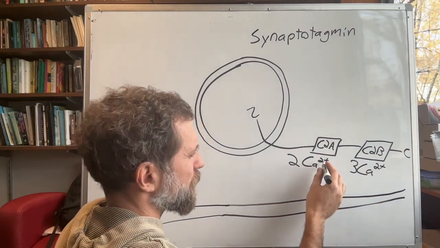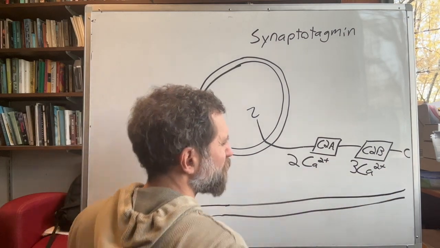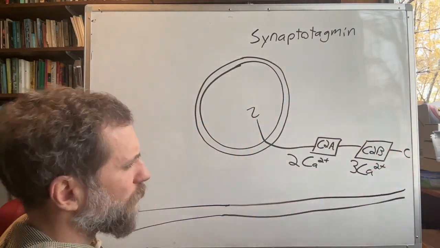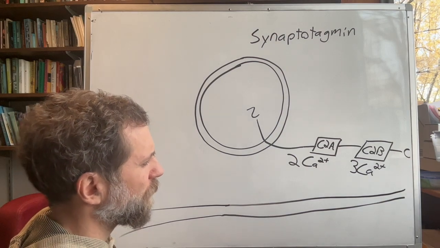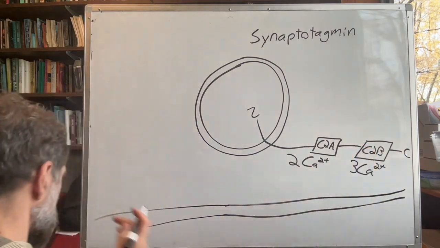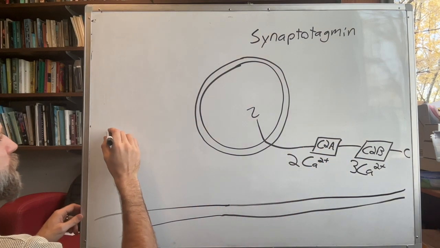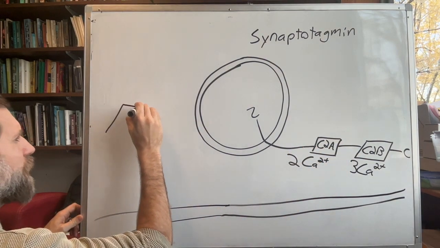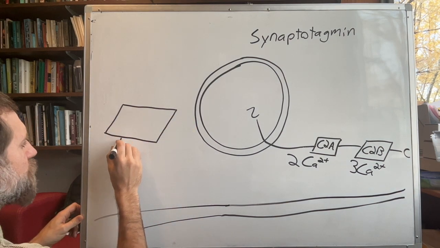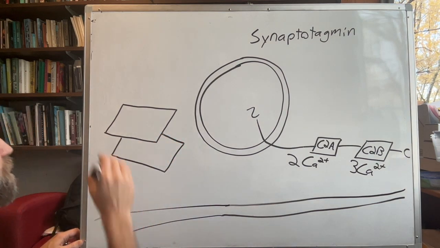And remember, calcium has a +2 charge. And so there's a lot of positive charge in the synaptotagmin when there's calcium available to bind. And so there's a net of a +10 charge in the synaptotagmin. I'm going to take a close look at these structures here. We've talked a lot about alpha helixes, but the other common secondary structure in proteins are beta sheets.